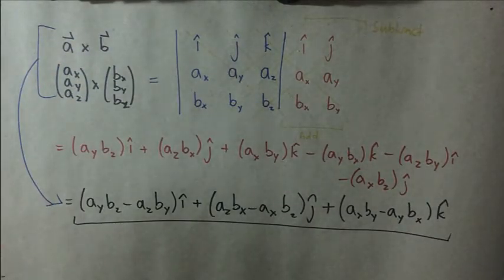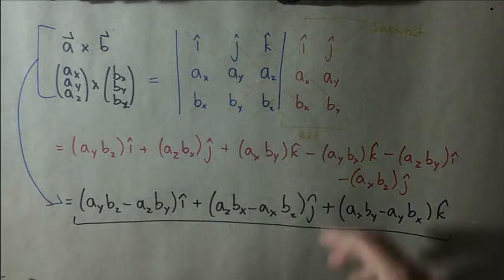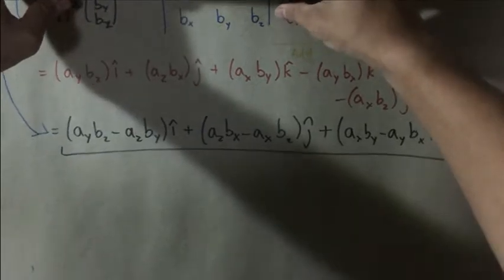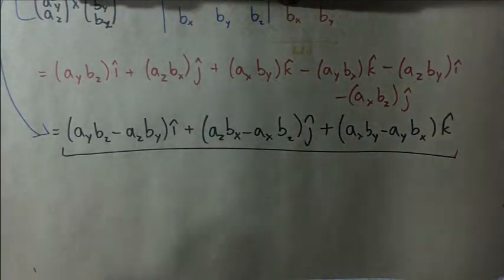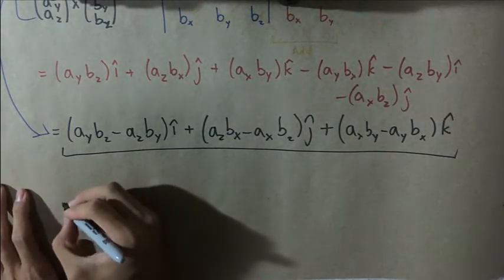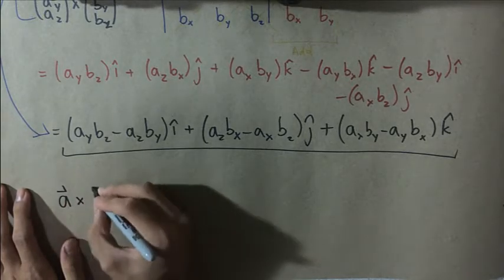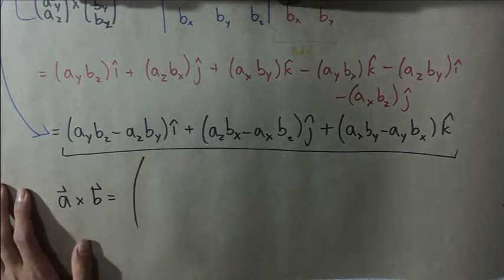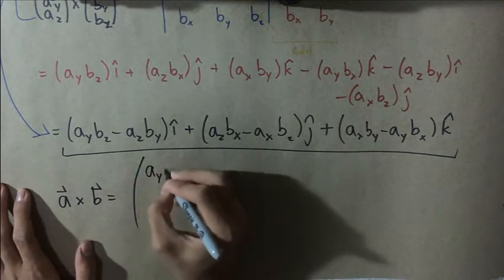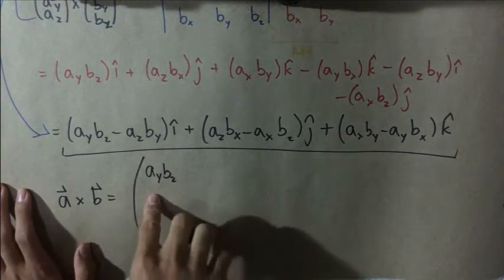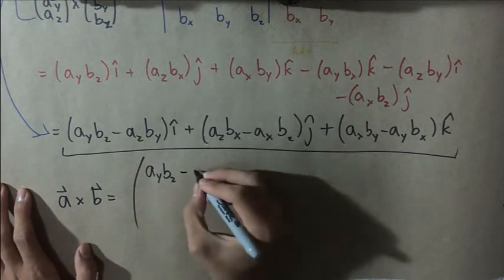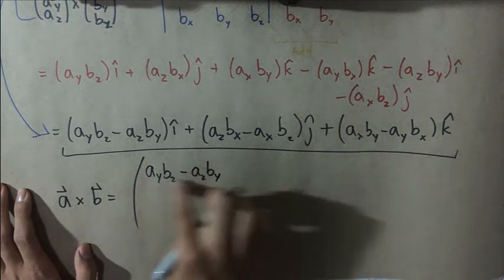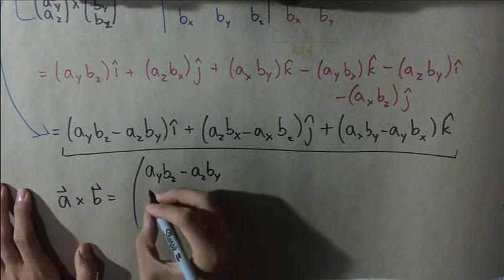So I'm going to summarize it down here. Simply move this a bit lower so we have a bit more space. Vector A cross vector B will equal, I'm going to write it in this form, AY, BZ, so the Y component of A times the Z component of B minus the Z component of A times the Y component of B, that's going to be the X component of the cross product.